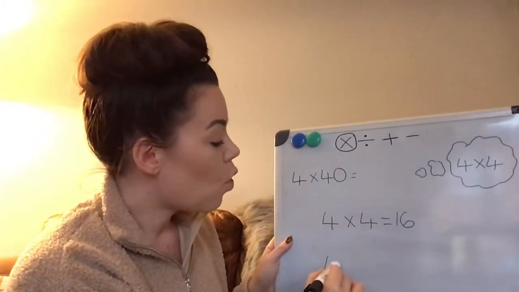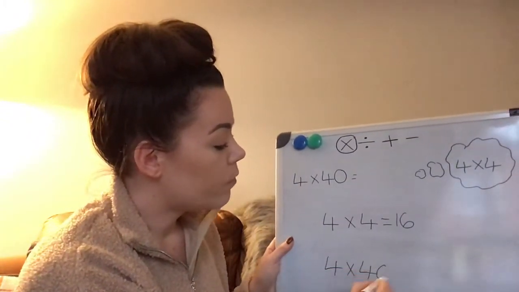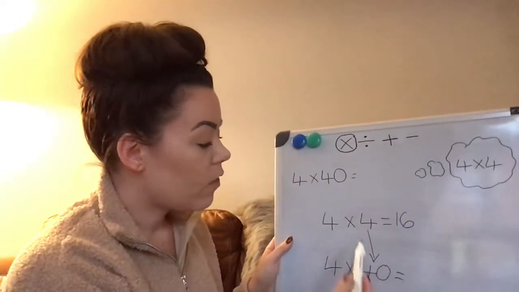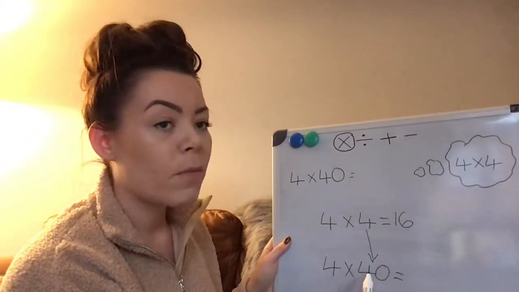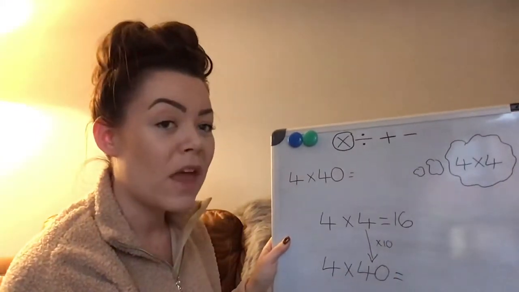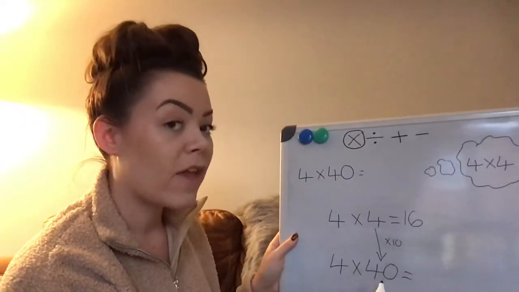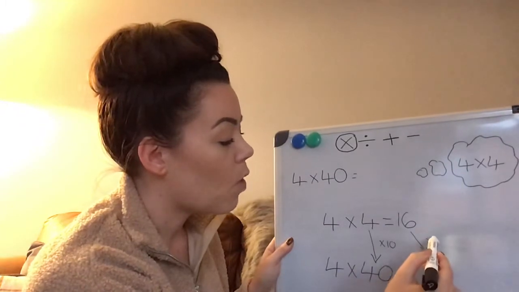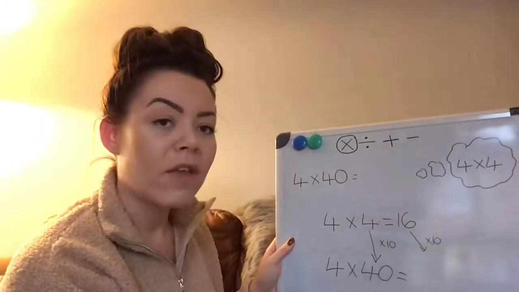Now to know 4 lots of 40, I can just apply what I know. Instead of timesing by 4, I'm timesing by 40, so I need to make the answer 10 times bigger because my question is 10 times bigger than 4 lots of 4. So all I need to do is to multiply the answer by 10 too.